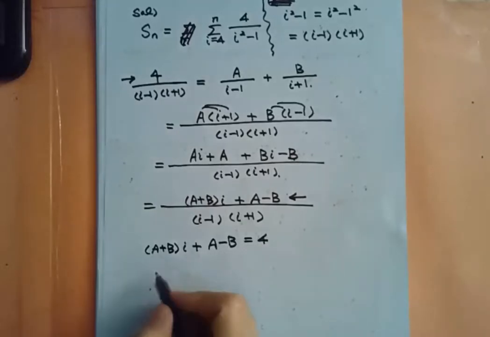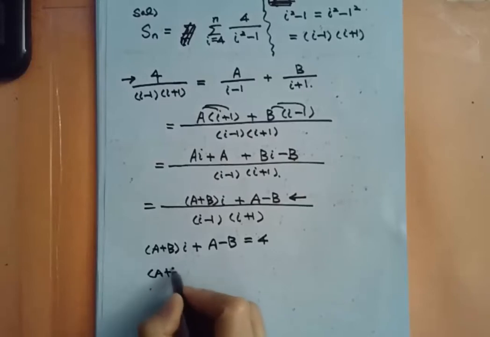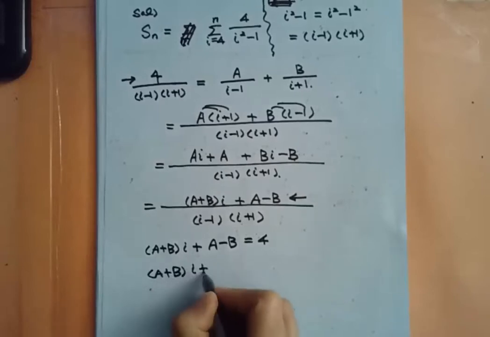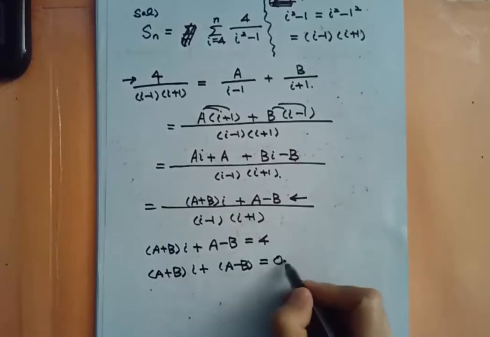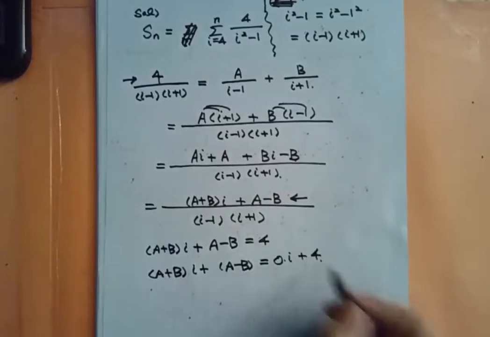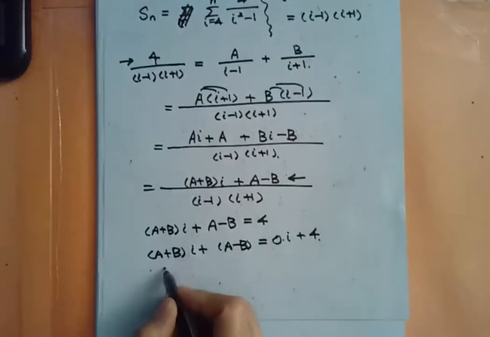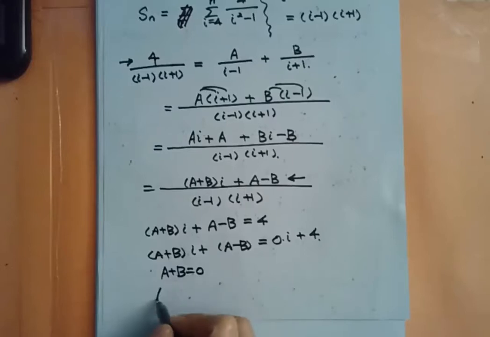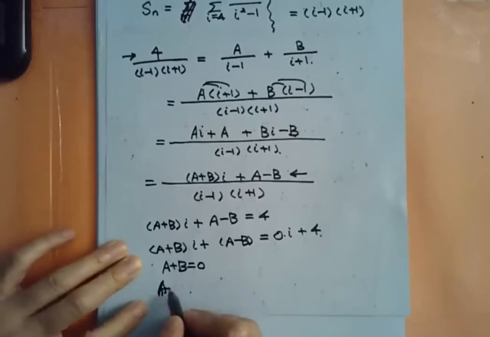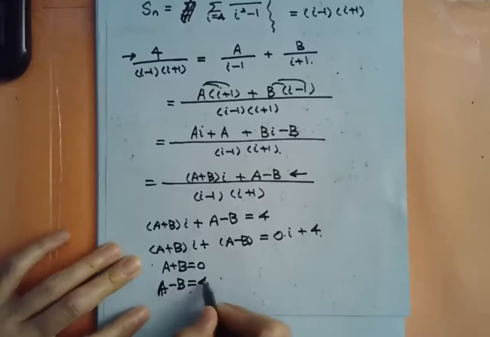Of course, that means it can be written as 0 times i plus 4. Therefore, A plus B equals 0, and A minus B equals 4.